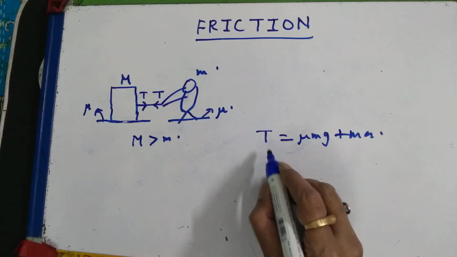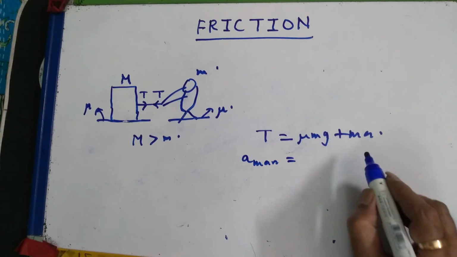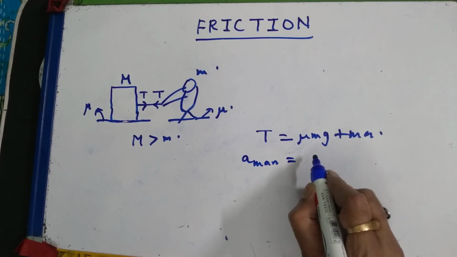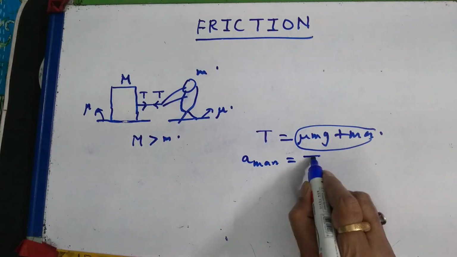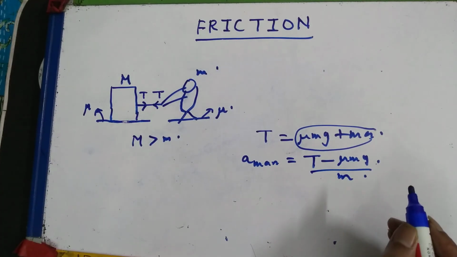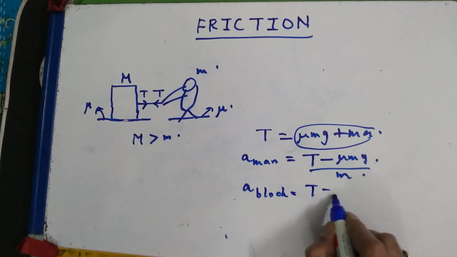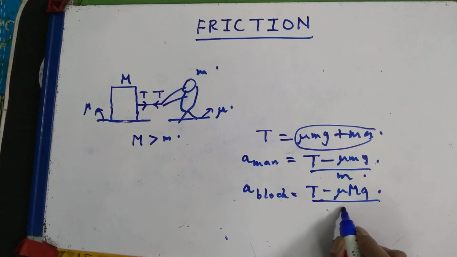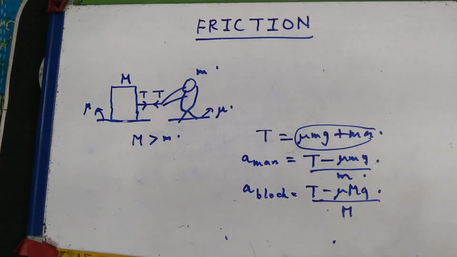So the acceleration of the man will become the net force, which is tension minus mu mg, divided by the mass of the man, and the acceleration of the block will become tension minus mu capital Mg divided by capital M. So you can see that the acceleration of the man is greater than the acceleration of the block if both move.